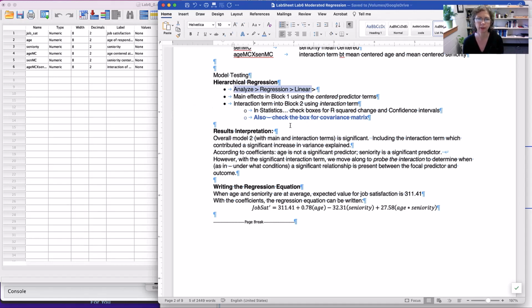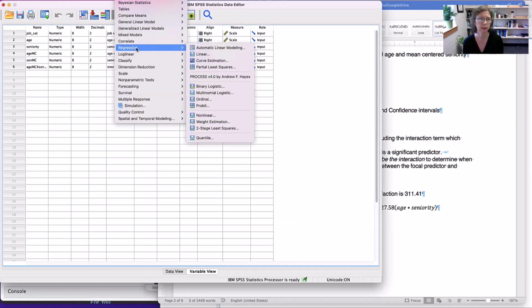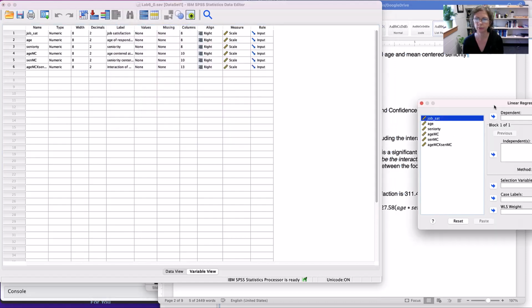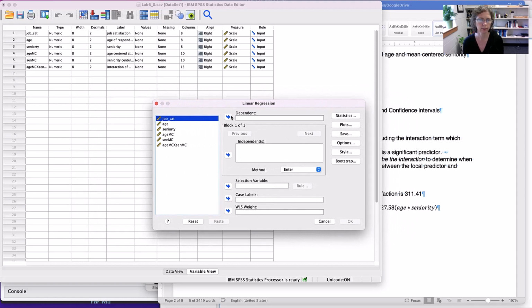And then I have a couple other things we want to ask for in statistics. So Analyze, Regression, Linear. In here, job sat is my dependent variable, and I want my main effects of the focal and moderating predictor here, the mean-centered ones.